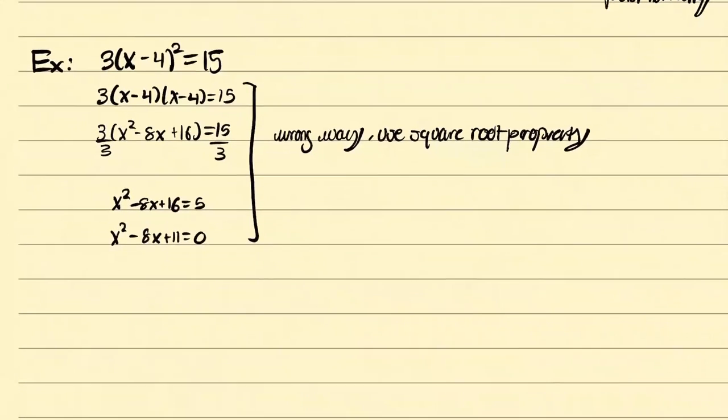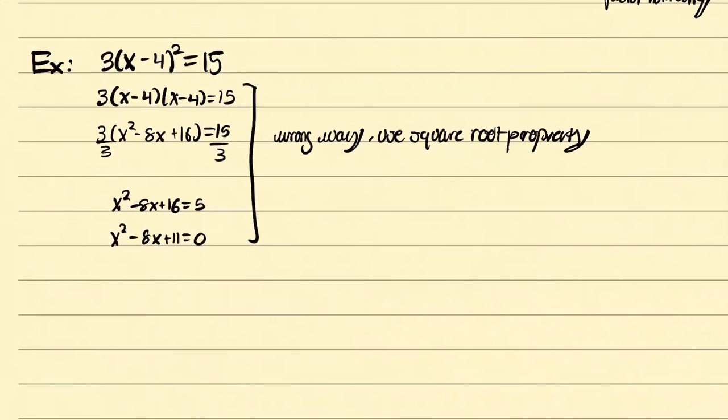I do want to emphasize the reason why this doesn't work is we've hit a dead end right here. The only factors of 11 are 1 and 11, and there is no sum or difference of 1 and 11 that can get me to -8. So this, while it looks like it can be factored, actually can't be factored in the normal ways that we have.